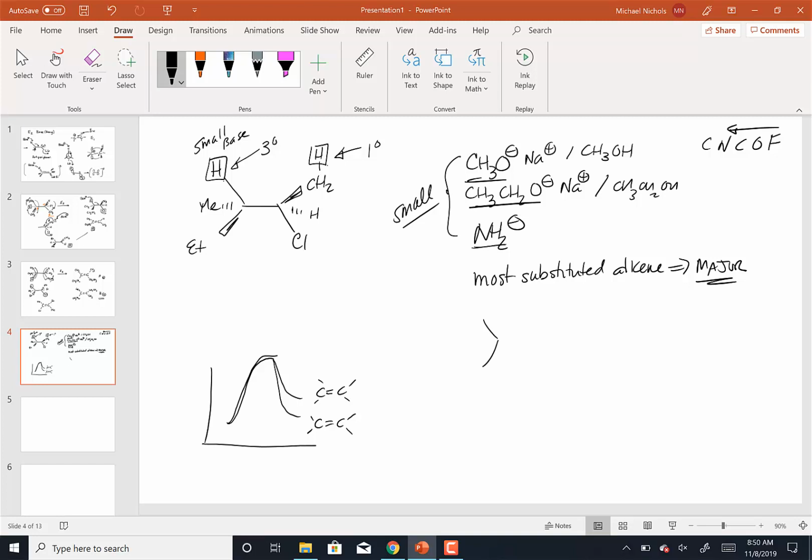We say, okay, I'm going to take a tertiary butyl alcohol, and I'm going to make the alkoxide, the strong base, out of that. And typically the counterion for that is potassium. So this is potassium tertiary butoxide.